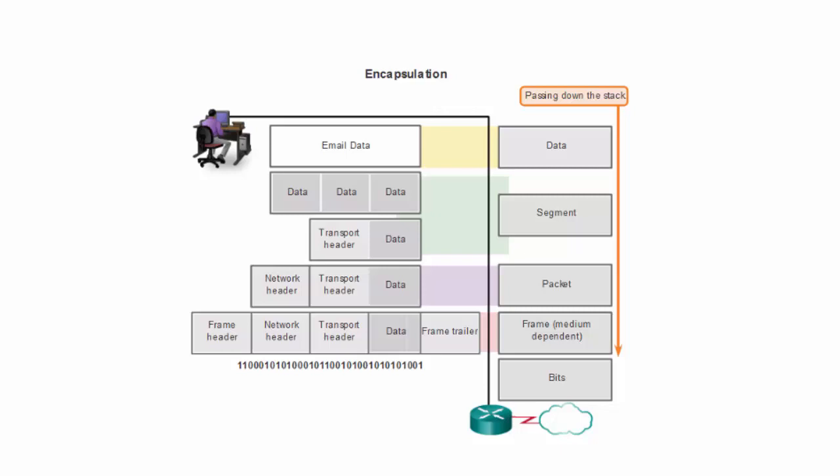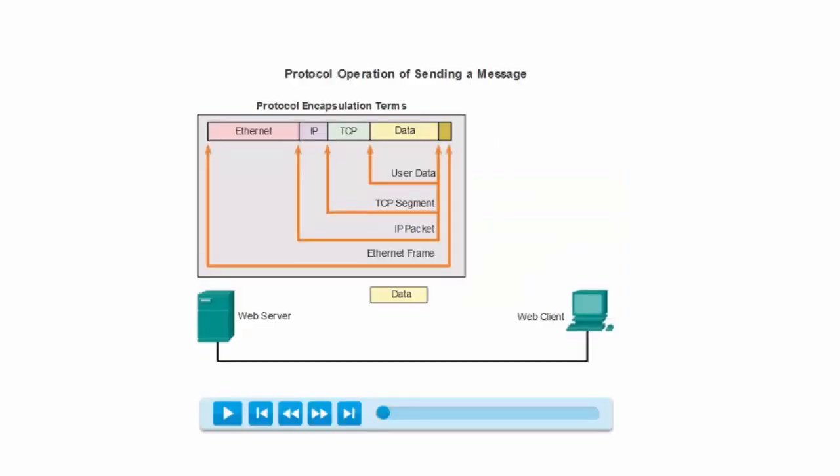In the network layer, we have the packet, which is the network layer protocol data unit, and we have the frame in the data link layer, which is the data link layer protocol data unit, and then the physical layer deals with bits. So this is how the encapsulation works.